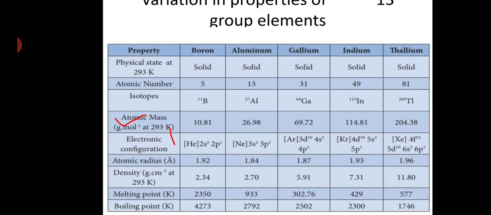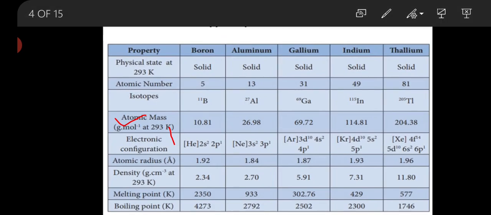One more time. An important point is the atomic radius. As we move from top to bottom, it slightly decreases, again increasing in form. This means the atomic radius of the 13 group elements goes on increasing. Generally we can call it increasing, but actually we can say there is a slight increase, again a decrease, up to gallium, and again it goes on increasing in indium and thallium in this way.